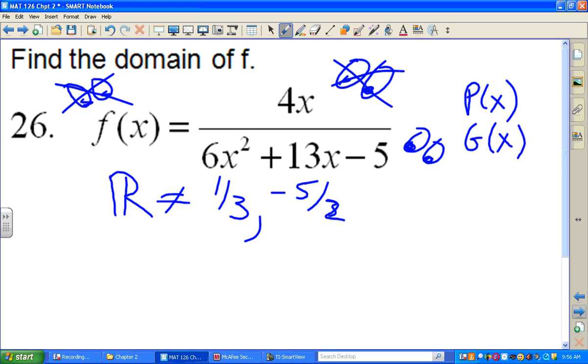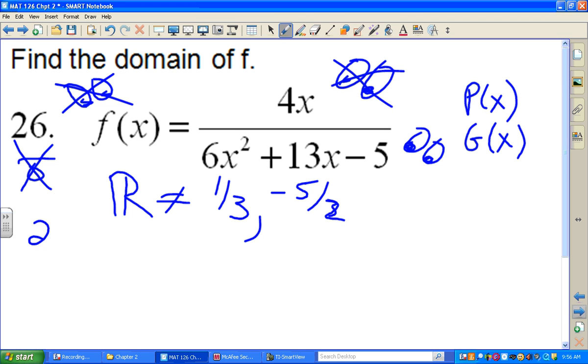So that means x cannot equal 1/3 or negative 5 halves. It could be anything else. Does that make sense? That's the efficient way of doing that problem. You look there because you cannot divide by 0. We got the quadratic program, we just typed it in and got our answer.